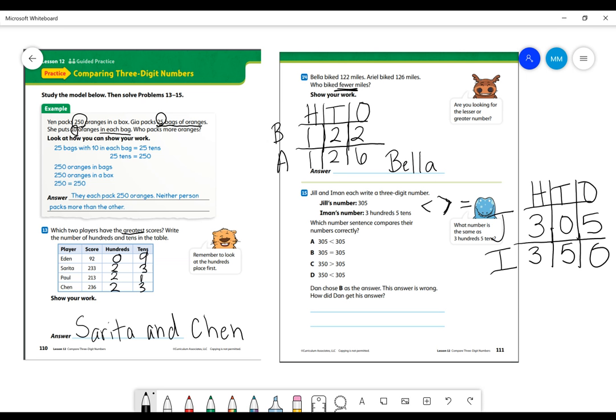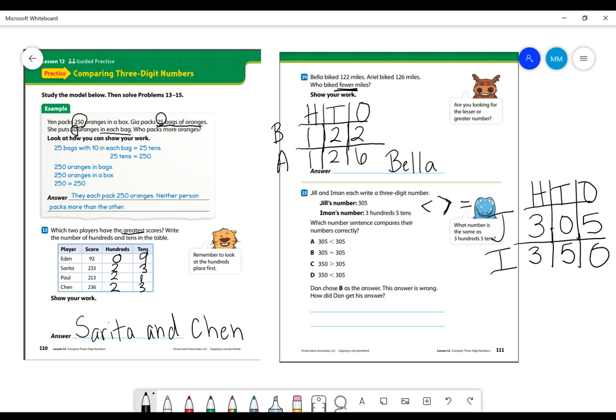What symbol would need to go there? The equal sign. The next one says 305 is equal to 305. That number sentence is correct, but was Iman's number 305? No. So we are not going to circle that one.